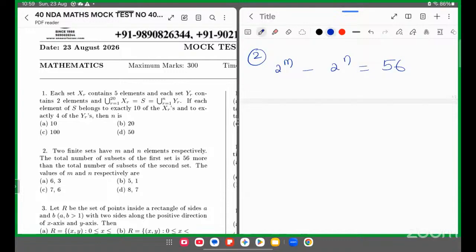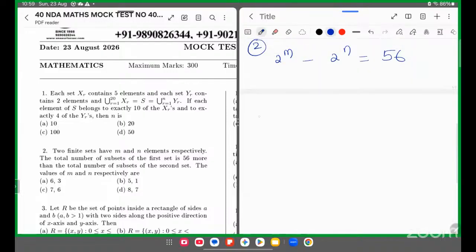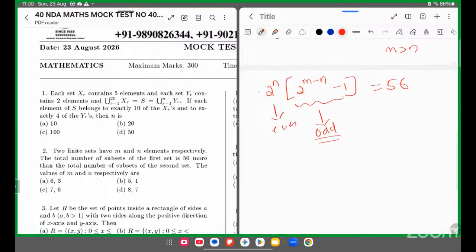The values of m and n respectively can be written as follows. Since there is a difference, m is greater than n. So I can write 2 raised to n into (2 raised to m minus n minus 1) equal to 56. This factor is always an odd number, and I know that 2 raised to anything will be an even number. So 56 is 8 into 7.